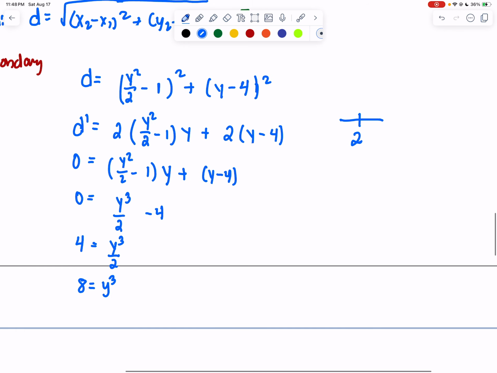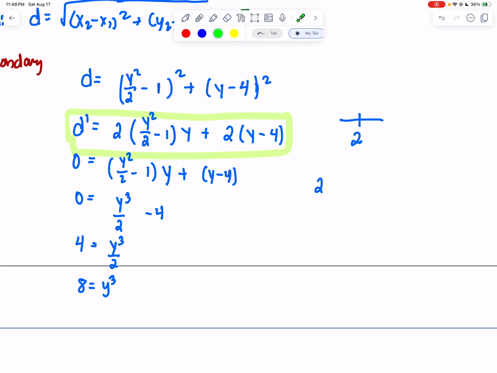So now what I'm going to do is look at my, let's say, derivative here, where I didn't cancel out anything. And I'm going to see what happens whenever I plug in 0. So if I plug in 0, the first part is just going to be 0. And then 2 times 0 minus 4, 2 times negative 4, or negative 8, aka a negative value.